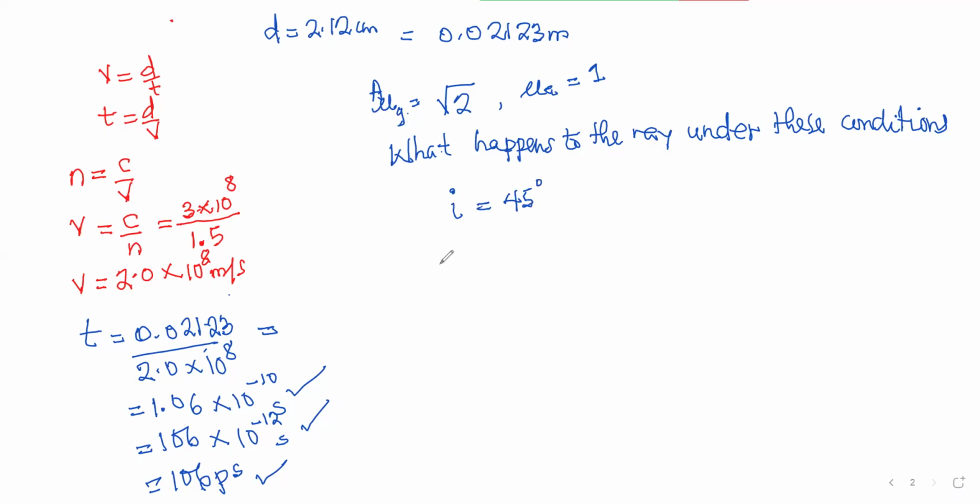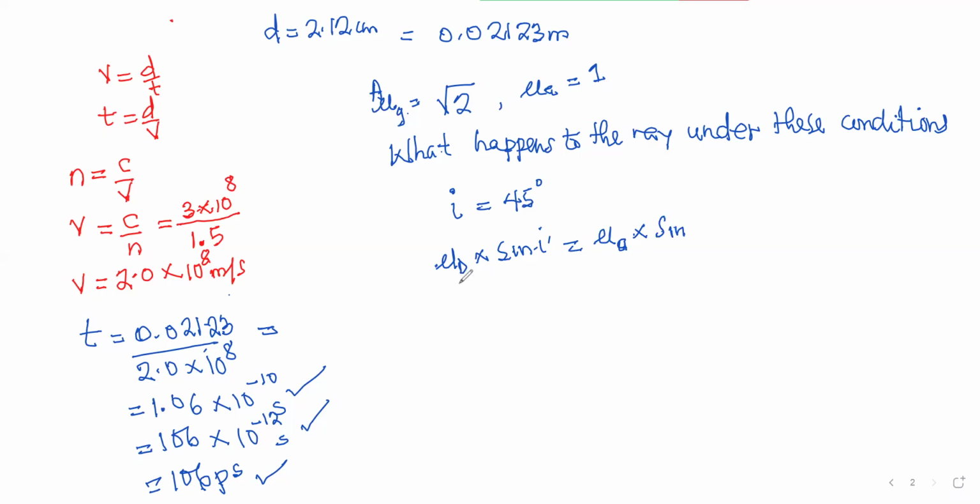If we go by the product of the refractive index of glass and the sine of the angle of incidence, it is equal to the product of the refractive index of the second medium, which is air, and the sine of the angle of refraction.